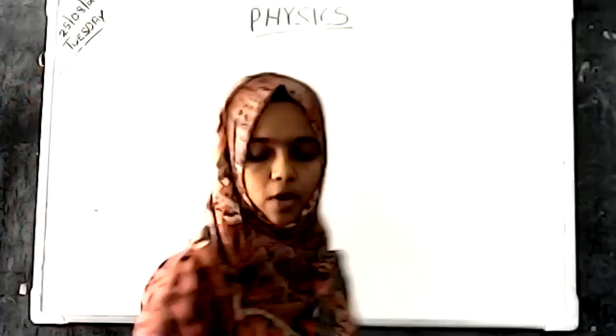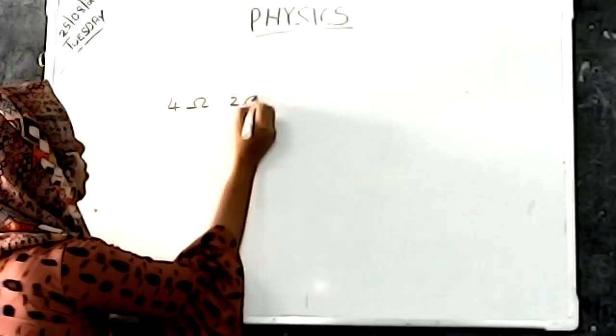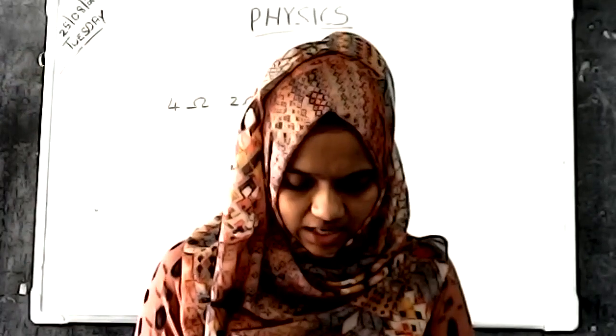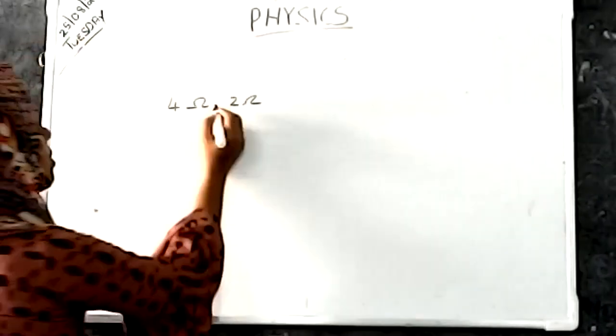And we have a problem based on the connections. We have two resistors, 4 ohm and 2 ohm, and from here we want to find the current. These two resistors are connected in series.